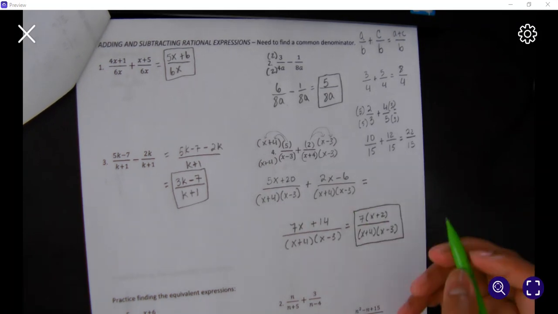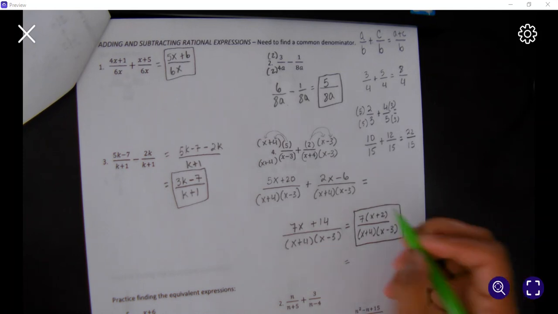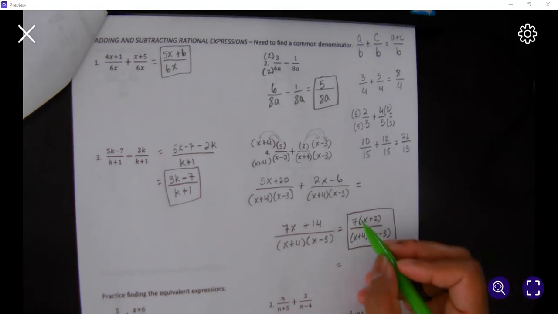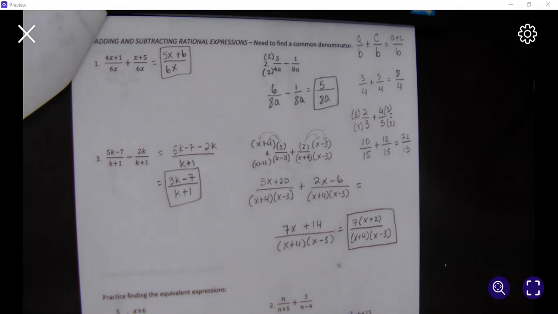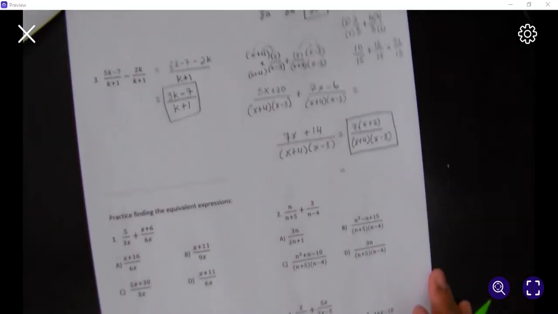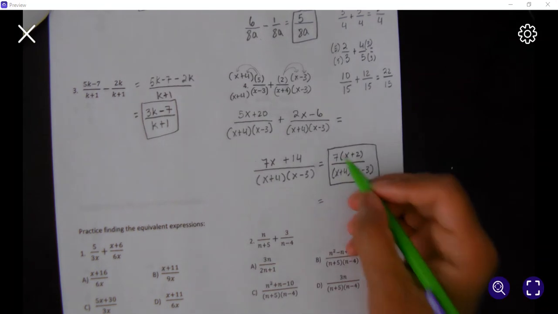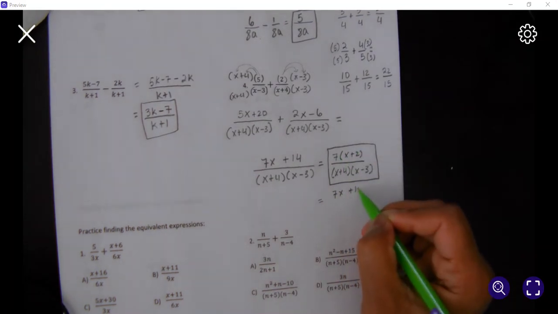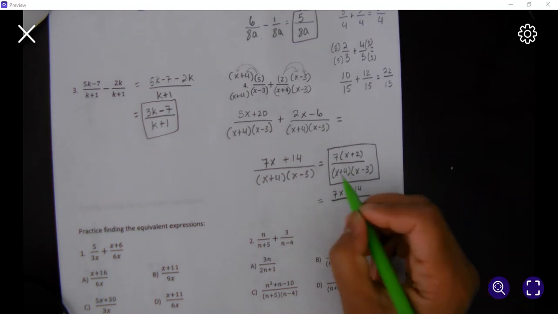Okay, or sometimes you might see it where it's all multiplied out. Okay, so for example, it would be 7x and then plus 14, and then you can go ahead and FOIL this out.